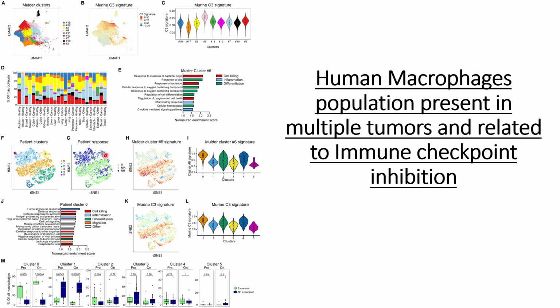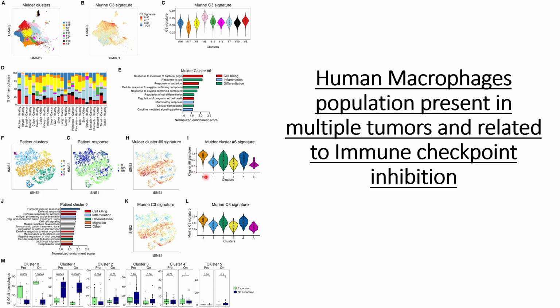When they overlapped this patient response with the Mulder cluster 6 signatures, they saw that cluster 0 overlaps more closely, and to some extent cluster 2 also overlaps, but cluster 0 is the maximum that overlaps with the Mulder cluster 6 signatures.